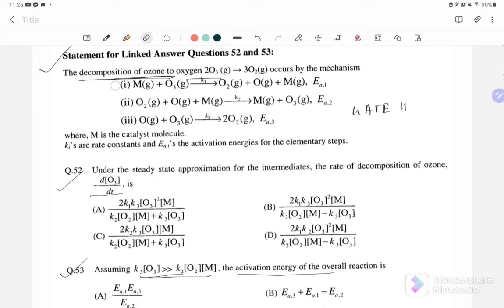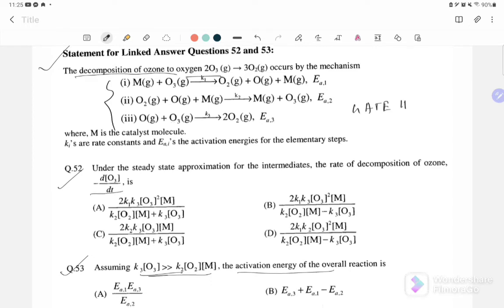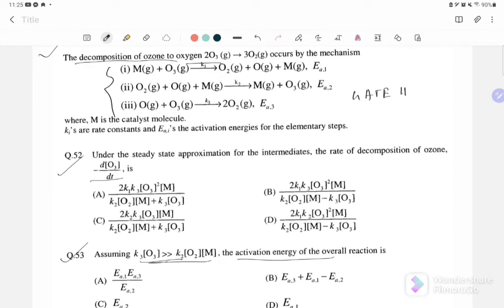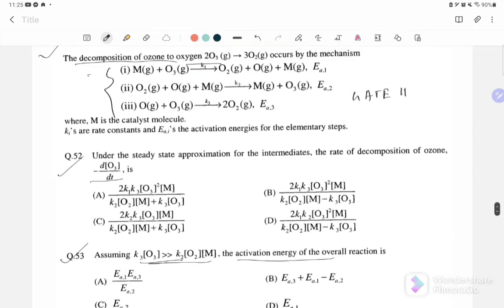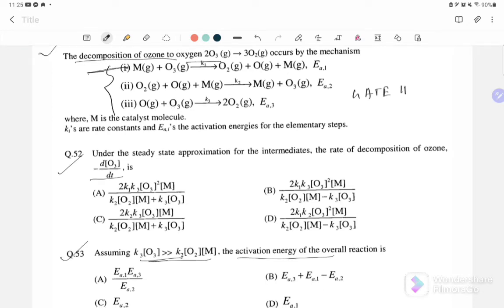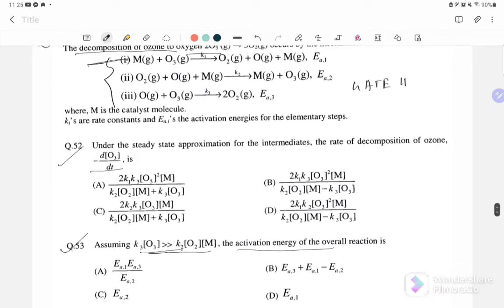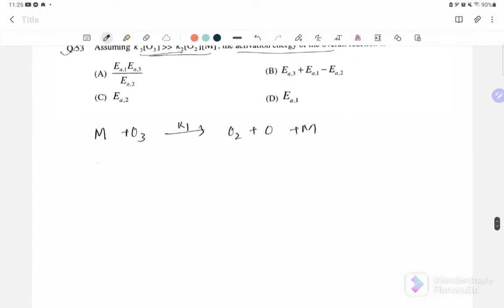So we'll start. These are our three equations, which you can write here for convenience. The first one is M plus O3 going to O2 plus O plus M, with rate constant K1. The second is O2 plus O plus M going to M plus O3, with rate constant K2.